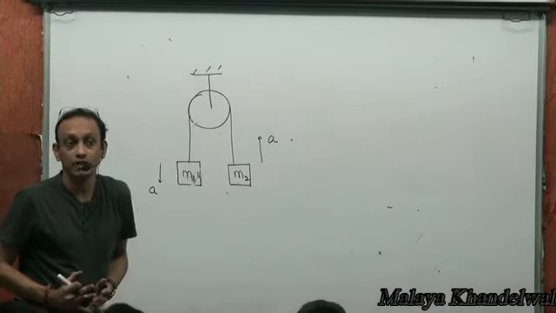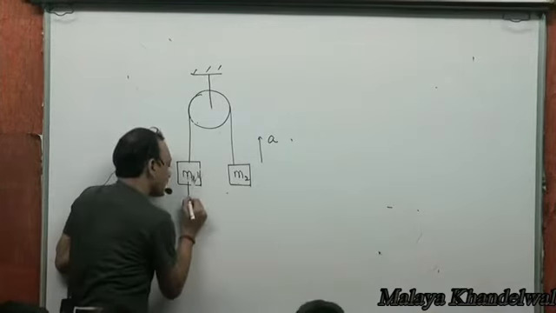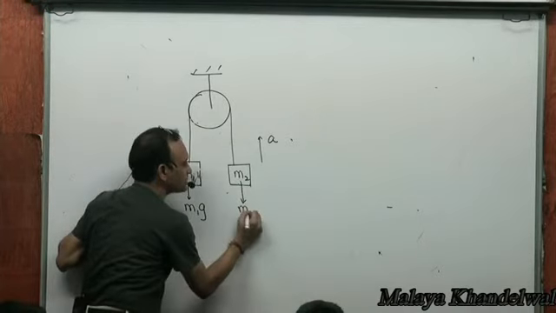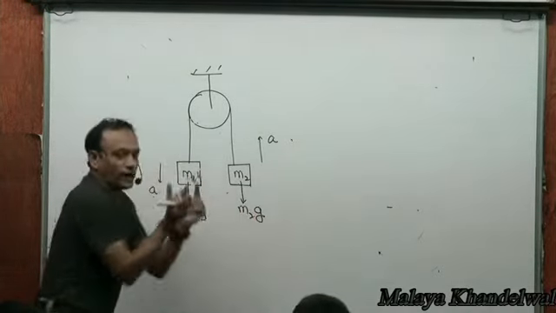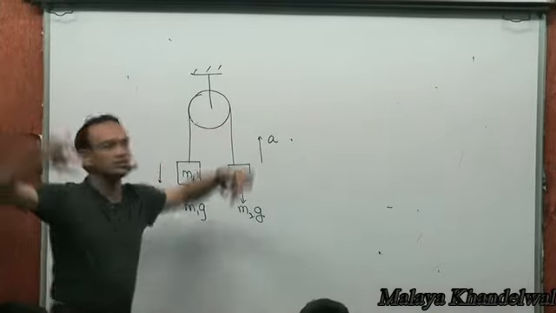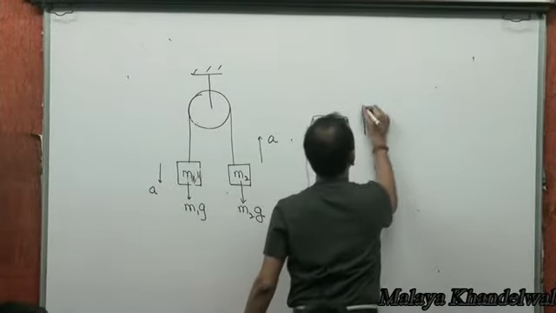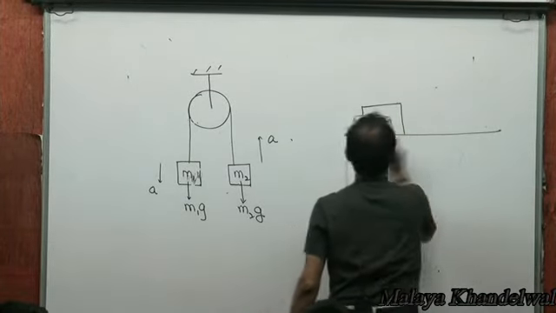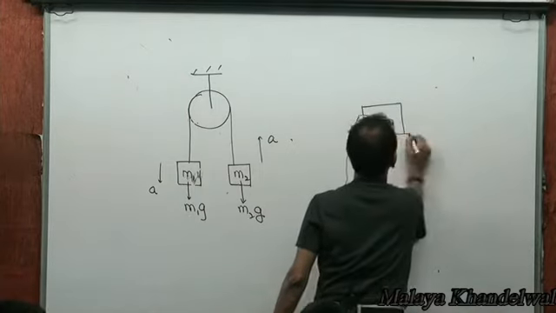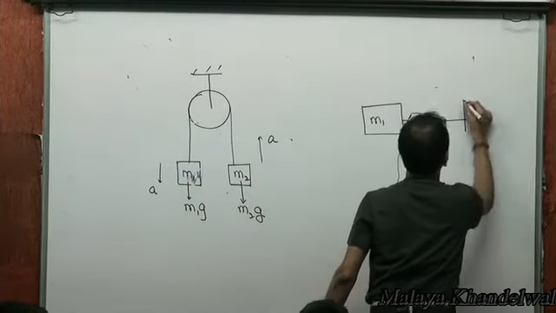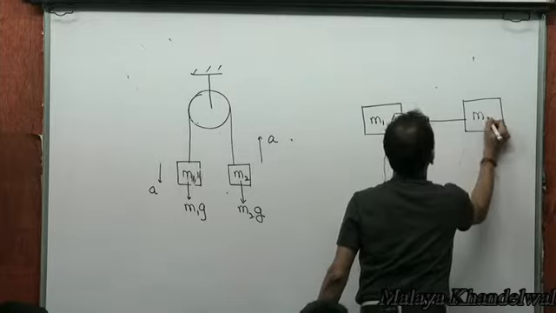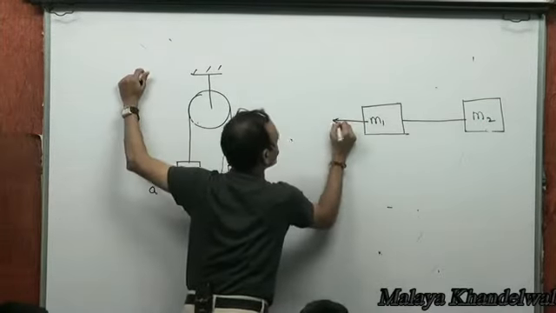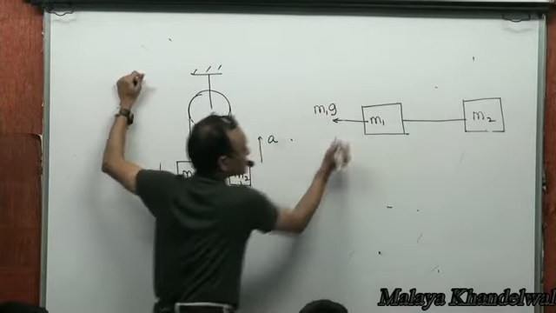Now, without drawing the free body diagram of M1 and M2, if I directly want to find the acceleration, what I do is, see, there is M1g acting this way, there is M2g acting this way, right? I mentally imagine the system to be opened up. Don't worry about where it's placed, it's not placed on the ground, it'll be confusing. So there is going to be M1g like this, external force.